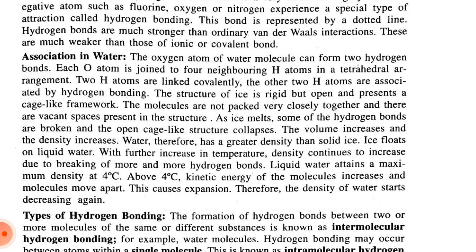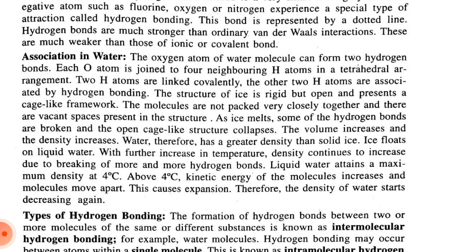As ice melts, some of the hydrogen bonds are broken and the open cage-like structure collapses. The volume decreases and density increases. Water therefore has a greater density than solid ice. Ice floats on liquid water.